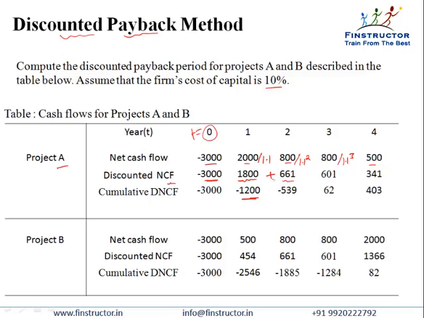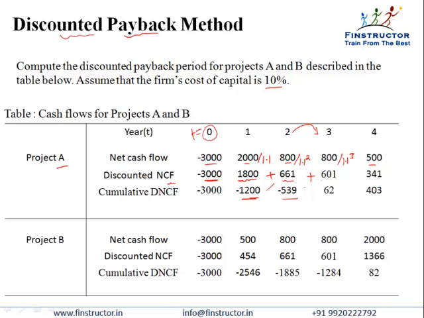Another $661 comes in year 2. That means I'm still left with $539 to recover. Another $601 comes in year 3. That means somewhere between year 2 and 3, I have recovered my $539.